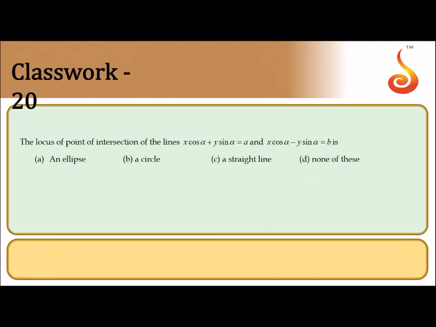Option D is correct. Question number 20. Locus of the point of intersection of these two lines. We square and add. What will we get? We'll get x square cos square alpha plus y square sin square alpha plus 2xy cos alpha sin alpha is equal to a square.